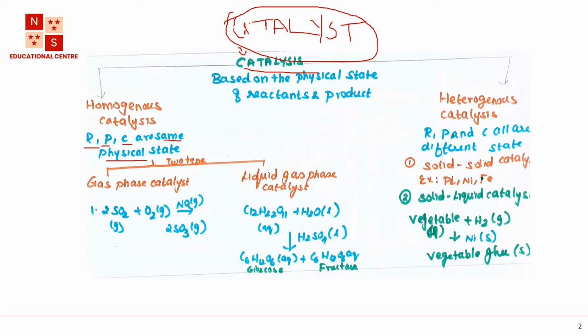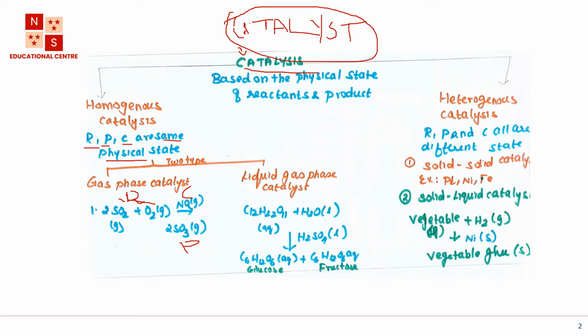This is divided again into two parts: one is gas phase catalysis, another one is liquid phase catalysis. In gas phase catalysis, the reactant, product, and catalyst will all be in gaseous state. In liquid phase catalysis, the best example is the formation of sulfur trioxide.